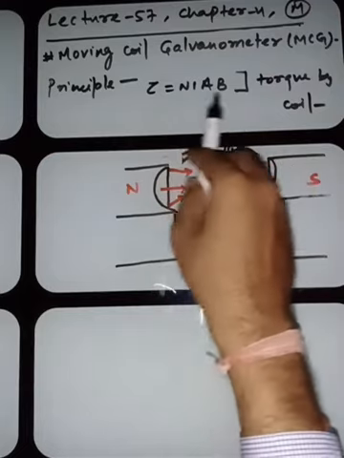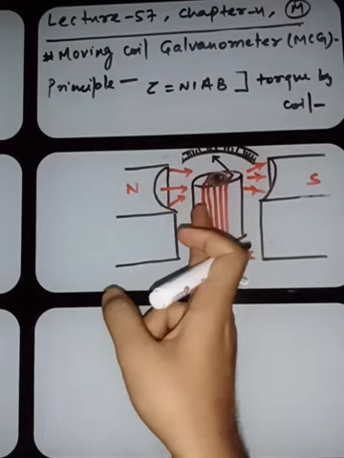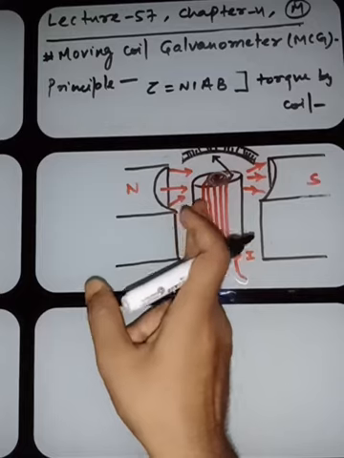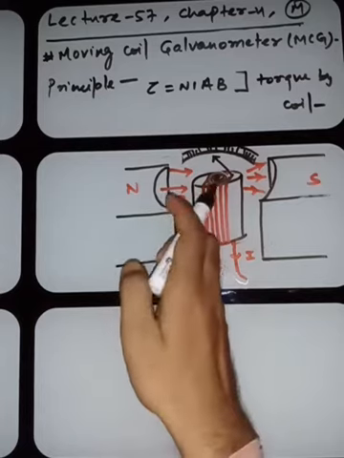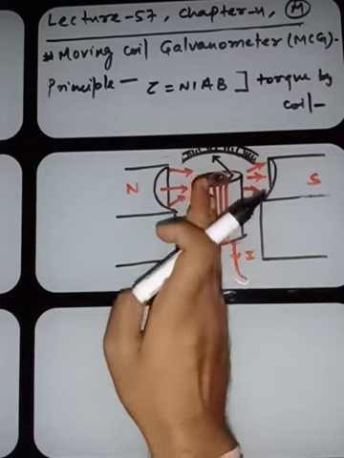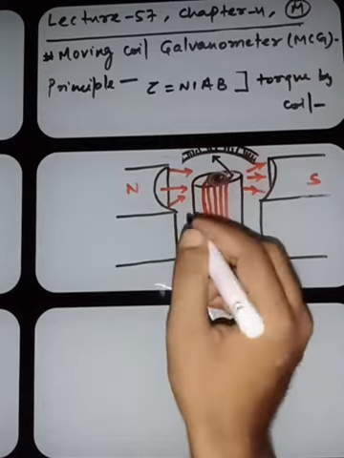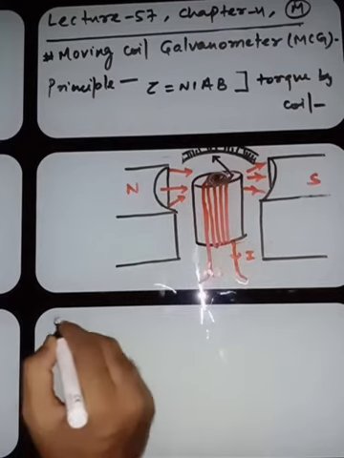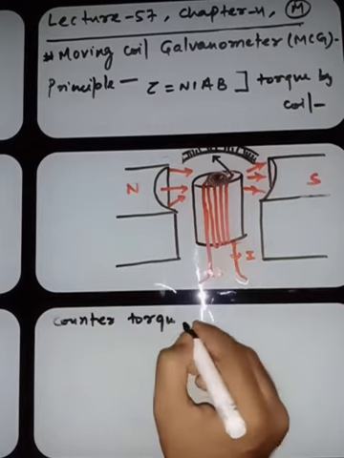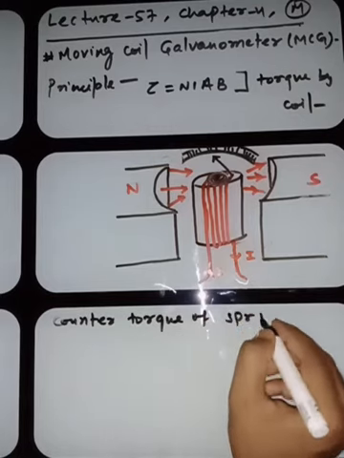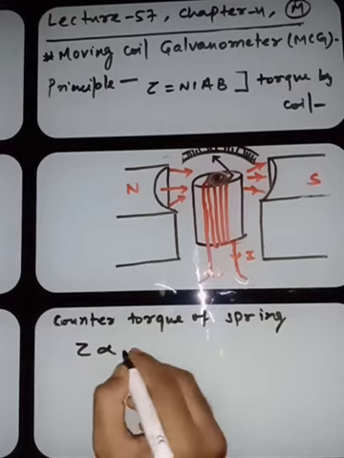Now, if this torque rotates the coil and it has to give the reading again and again for the same value, then who is going to bring this coil back to its original position? The spring is going to bring it back to its original position, and that applies the counter torque. The counter torque of the spring can be written as tau is directly proportional to the deflection.